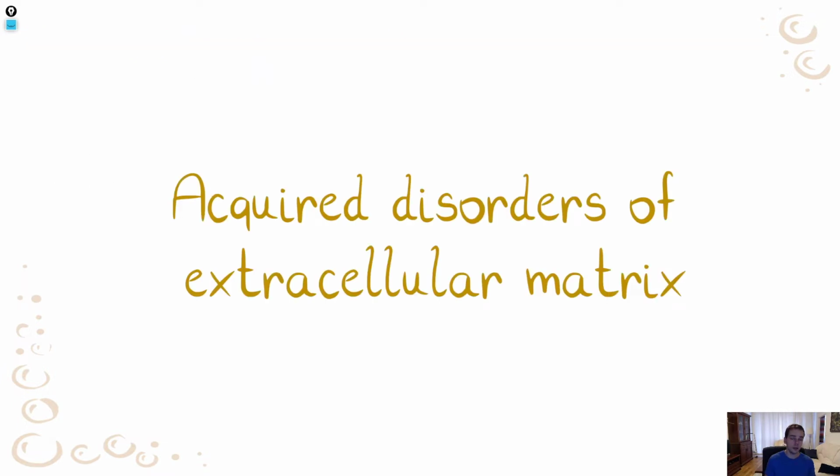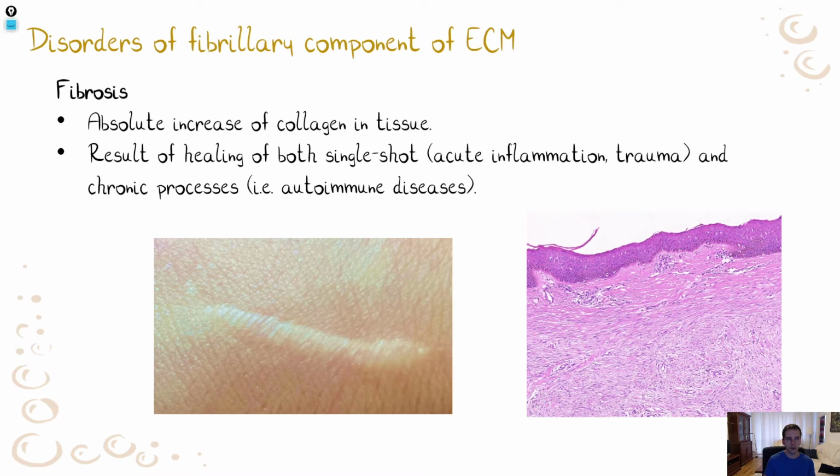Again, such diseases can be subclassified as acquired and congenital, and we will start with acquired ones. So the acquired disorders of fibrillary component of extracellular matrix. There is fibrosis. What does it mean? Fibrosis means absolute increase of collagen in the tissue. Usually it's a result of healing of a single shot or chronic process.